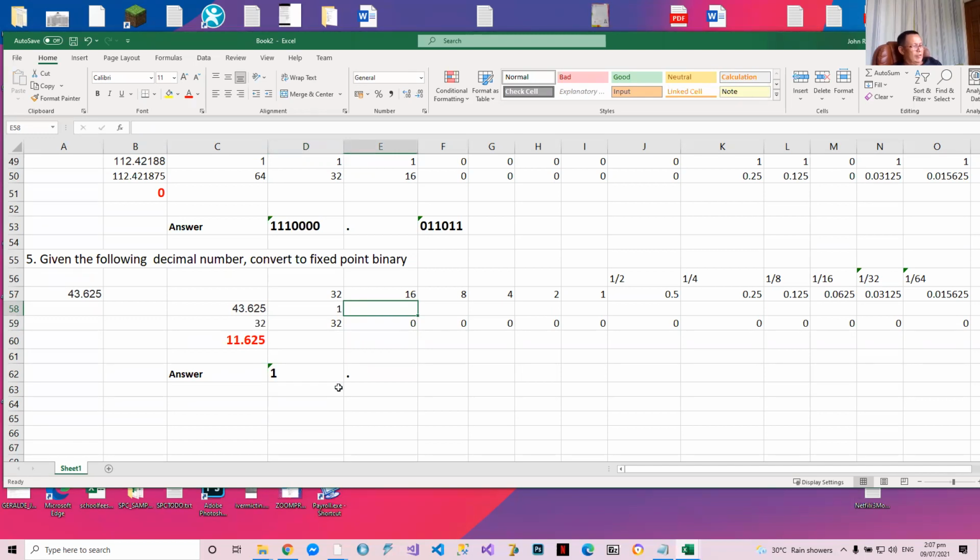We're left with an 11, so this is a 0. So we mark 8 because it's lesser. So the next number is 3. We can pick 4. We can pick 1, 2, however, no? We're left with 1.625. We can pick 1. 0.625. Okay? Do you follow?